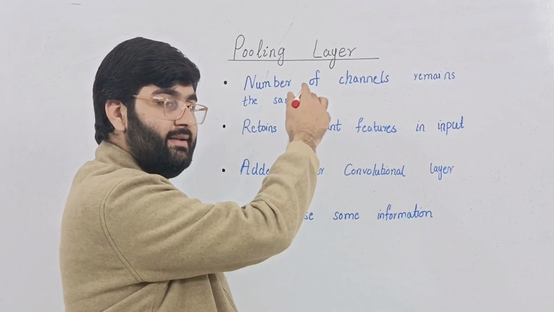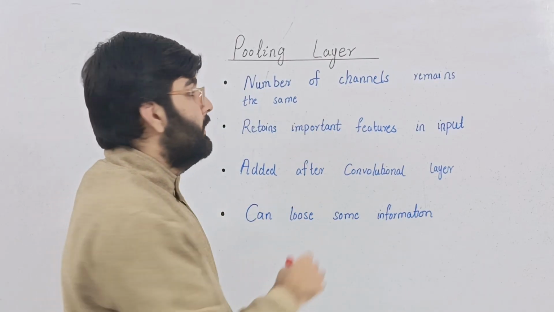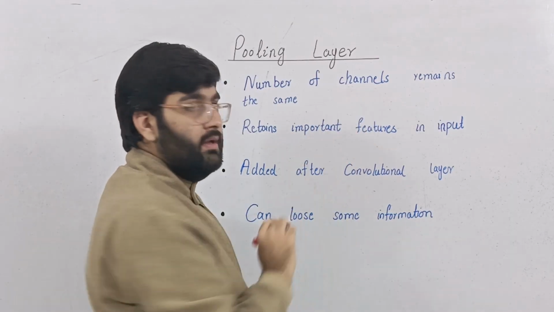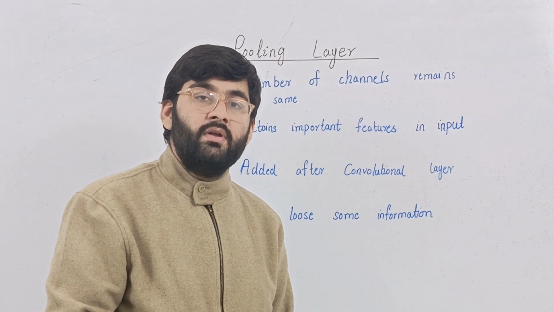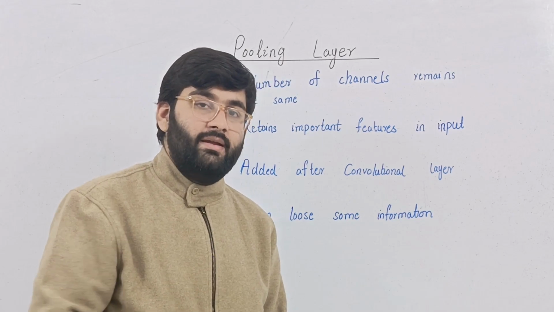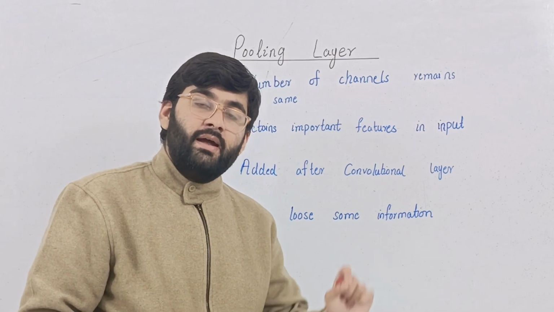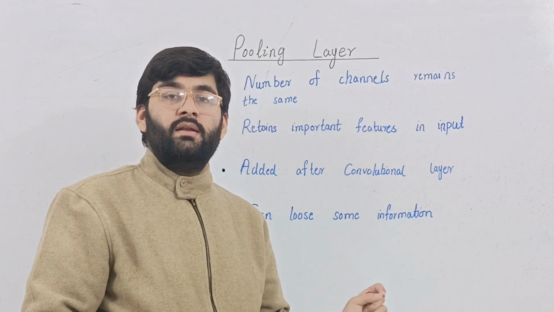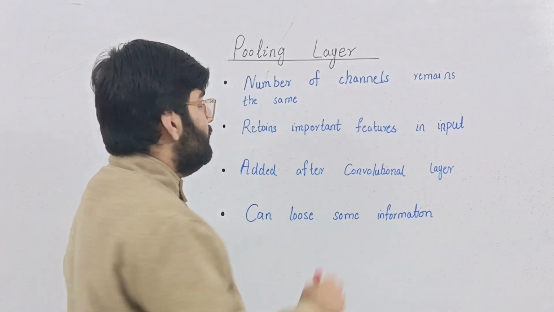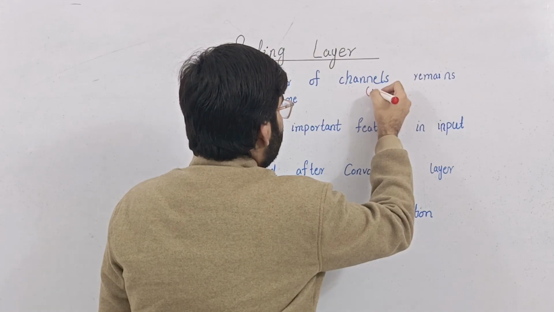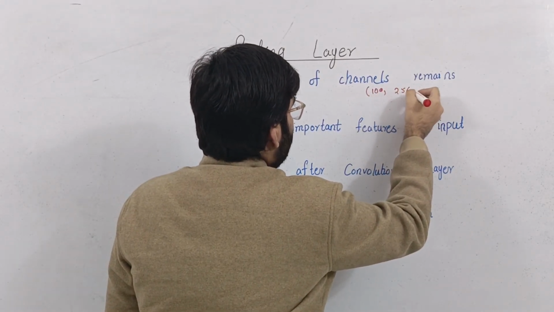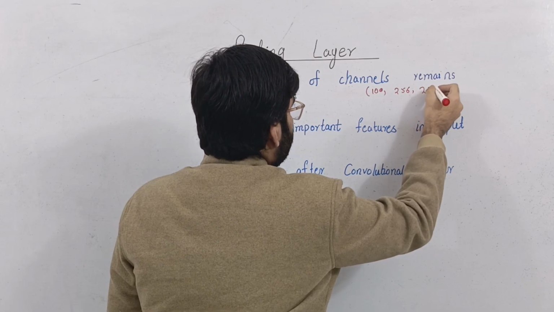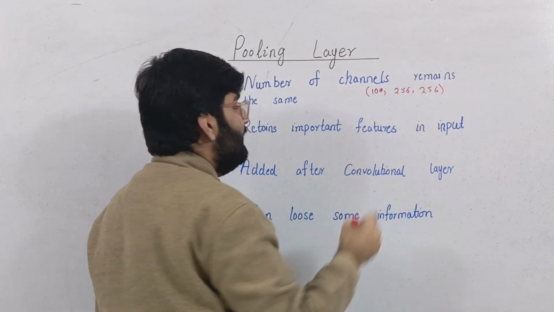These are some important takeaways about the pooling layer. The number of channels input to the pooling layer is the same as the number of channels output by the pooling layer. Only the width and the height of the channels is reduced. Suppose there are 100 channels, each with a width of 256 and a height of 256, input to a pooling layer.